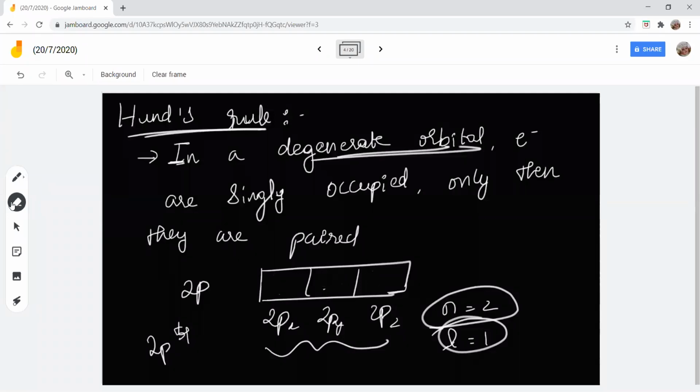In magnetic quantum number, will it be same for all three? No, because this is x, y, z, three different orientations. Magnetic quantum number is about orientation. So if it has three different orientations, it has three different magnetic quantum number values: -1, 0, +1.